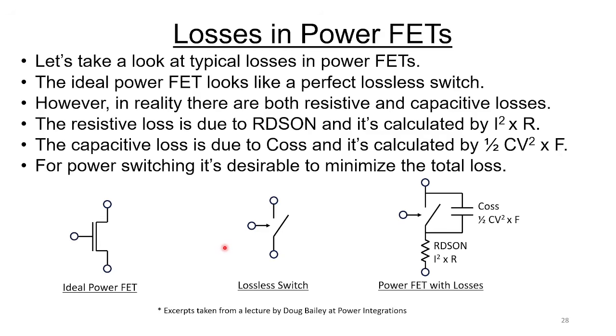The resistive loss is due to RDS(on), the series resistance, and it's calculated by I squared R. The capacitive loss is due to COSS, which is the parallel capacitance on the transistor, and it's calculated by 1/2 CV squared, and there's going to be a frequency component times F. So the faster you switch this, the higher this capacitive loss is going to be. So for power switching, it's desirable to minimize the total loss being the sum of these two losses.